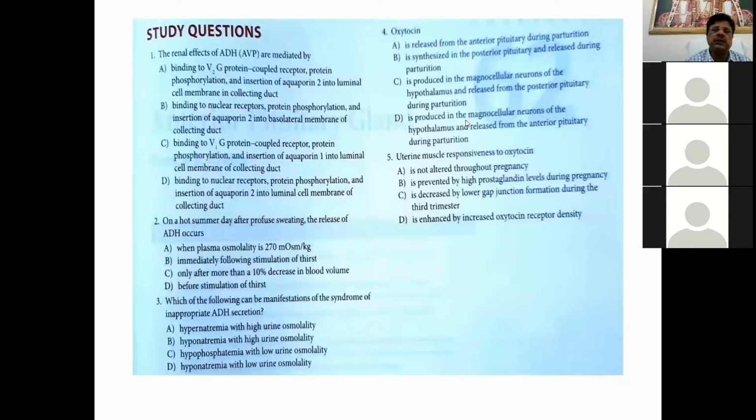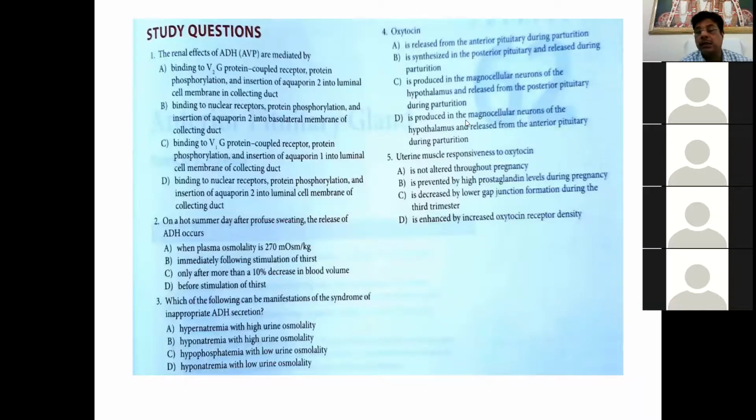We see that in the kidneys, it binds to the V2 receptor, which is coupled to a G protein, and that will cause production of the second messenger. What is the second messenger here? They have skipped that because otherwise the answer to the question becomes very long. That leads to increased production of cyclic AMP.